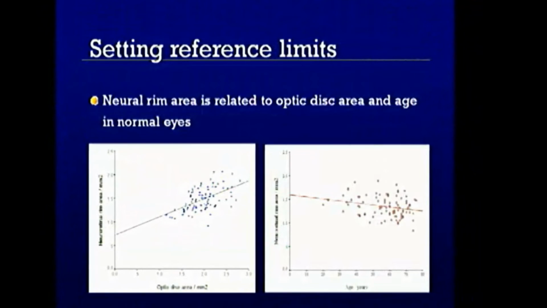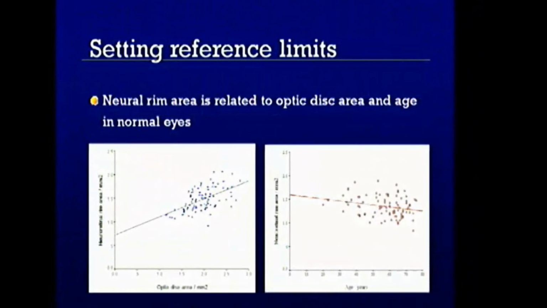Decreases, yeah? Some people have described glaucoma as accelerated aging, because with age, you lose nerve fiber layer, you lose axons, and you lose rim area. So there's a normal age-related loss. Even if you take a normal individual and look at their nerve over time, they will lose rim area over time. So we know there's a relationship, even in normals, between rim area with optic disc size and age.